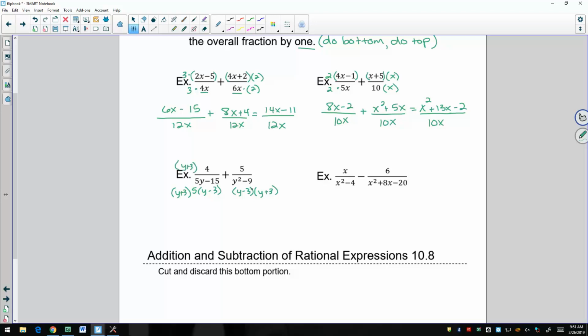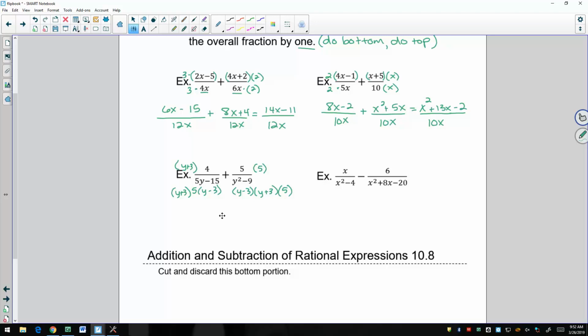And now this side has y minus 3 and y plus 3, but it's missing this guy's 5. So I have to actually multiply this guy by 5, but whatever I do to the bottom, I must do to the top. Now I have all three things are the same on both fractions' denominators. So while it does look ugly, that is the common denominator.